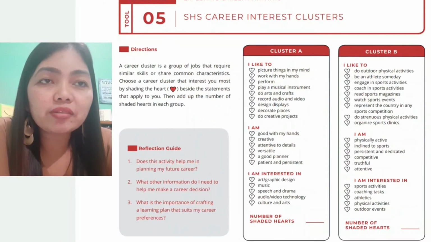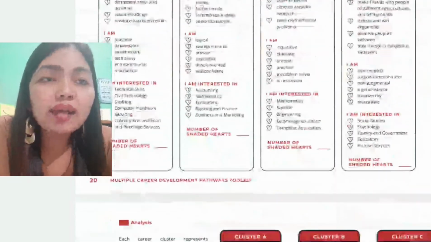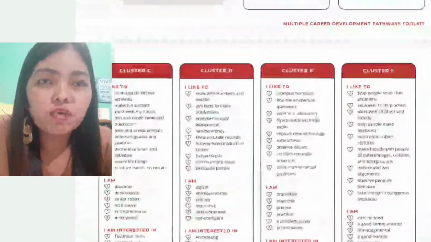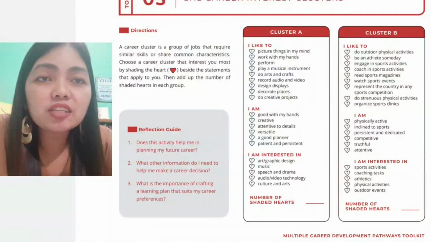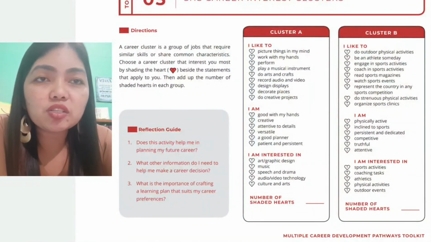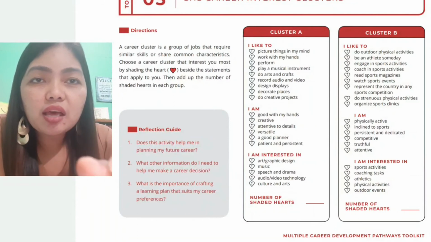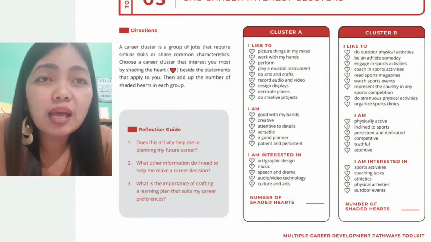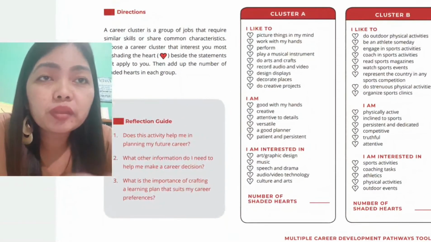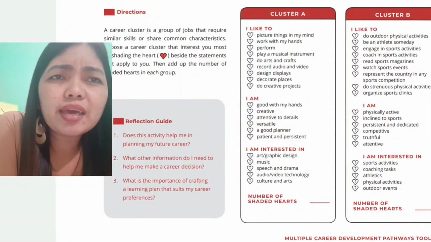So kung mapapansin niyo, mayroon tayo ditong hanggang cluster F. Okay? So cluster A, isi-shade lang nila. I like to, I am interested in. So, they have to choose at least one or more kung alin talaga yung, for example, under cluster A, I like to picture things in my mind. I like to work with my hands to perform.